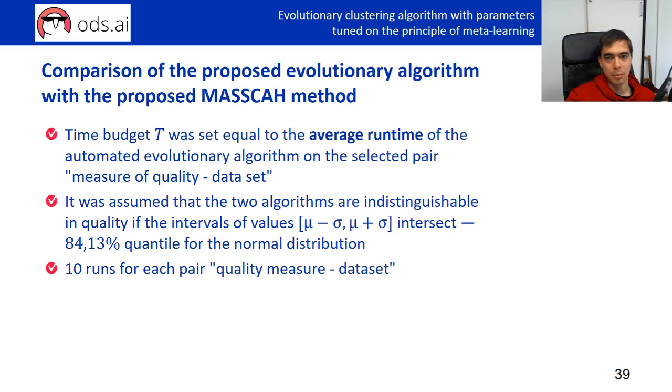Also, we made a comparison with an algorithm based on the method of automatic selection and tuning of the heuristic clustering algorithm that we mentioned earlier. It's called MASSCAH. We performed 10 runs of both algorithms on all the pairs of quality measure and dataset. The algorithms were compared using the normal distribution quantile.